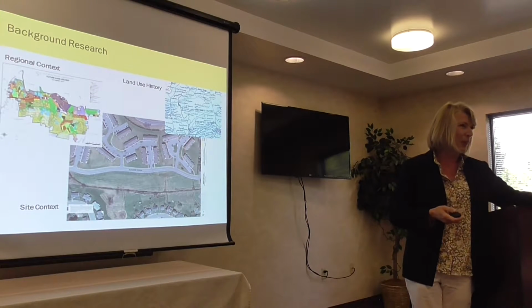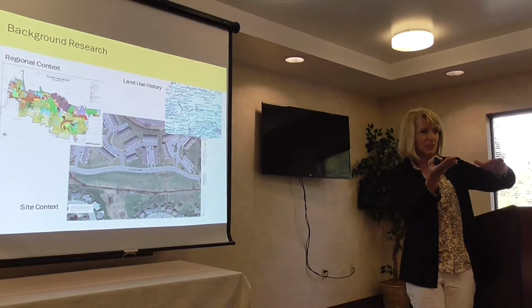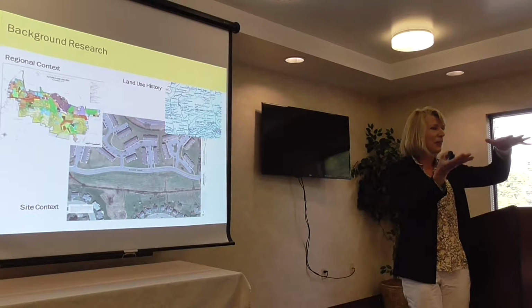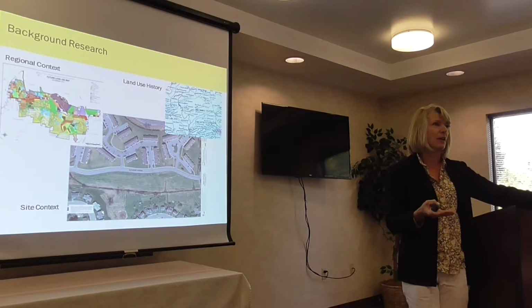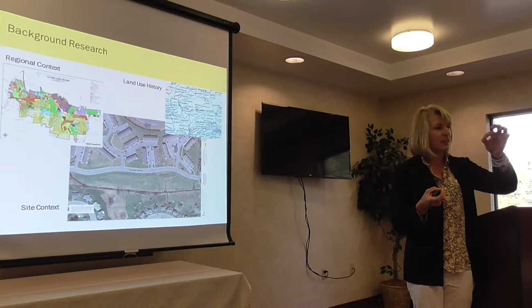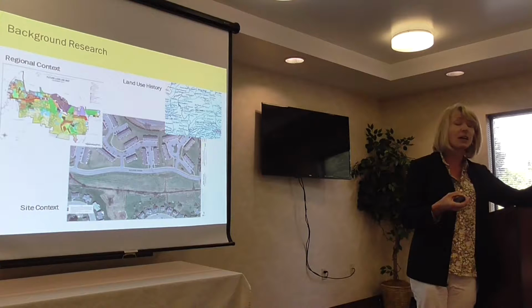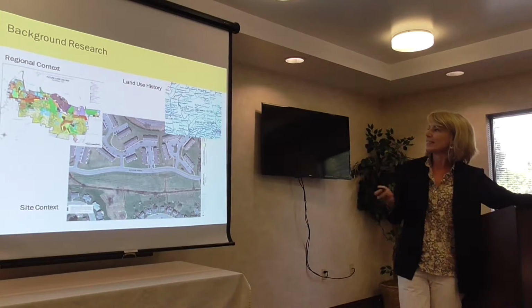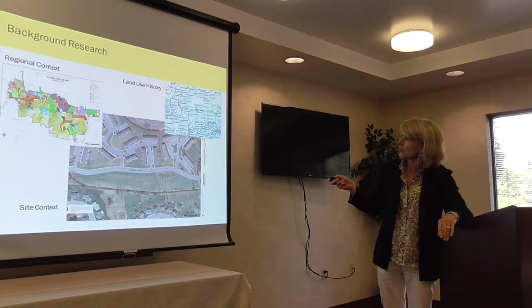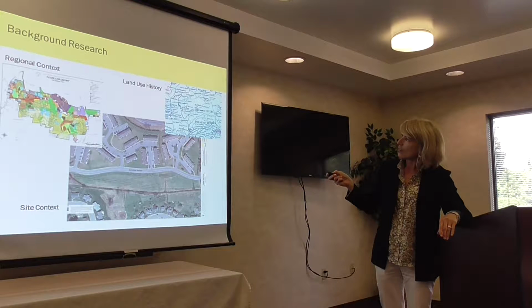You start to lay these historic maps out on our current GIS and overlay them, and sometimes it takes a little bit to find that intersection because there weren't as many roads back at that time. But what it tells us is, once you overlay it, we start to see these stream systems.